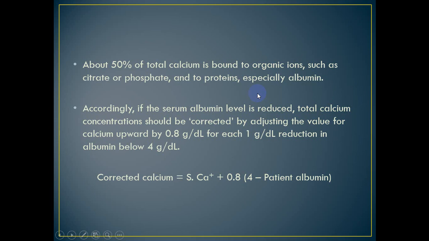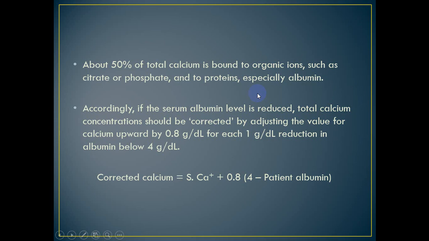Although the parathyroid gland detects and responds to ionized calcium only, before that, you need to know that 99% of calcium is stored in the bone. So there is 1% of calcium within the blood. This 1% is divided into 2 parts. One part is bound to proteins, mainly albumin.